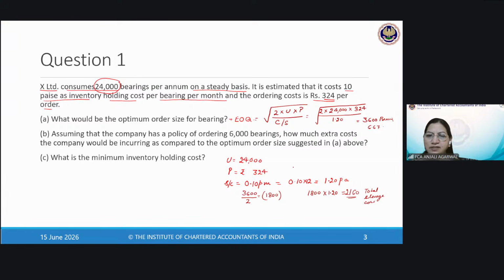And you will see the placing cost is 324 into 6.67. Just because we have rounded off 6.66 into 6.67, you might get a slightly different answer. But if you take 6.6666, you will still get 2,160. So do you see the total placing cost and the total storage cost are exactly the same?